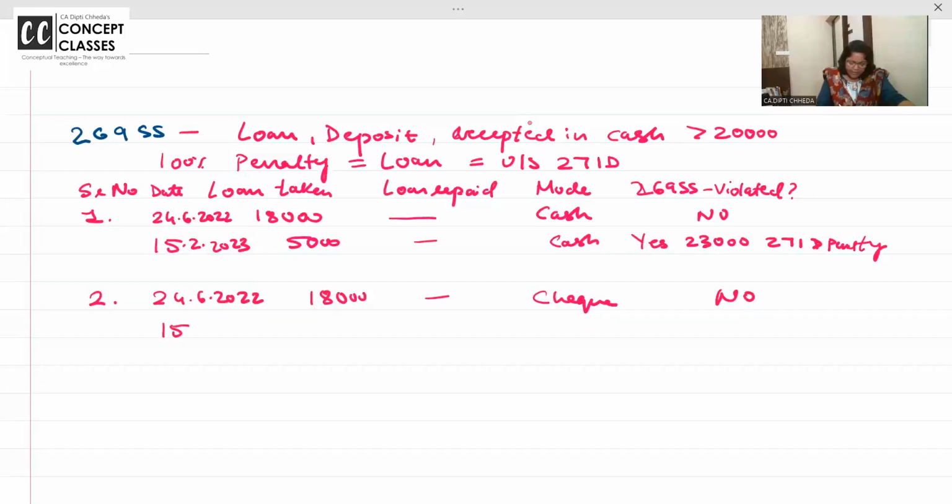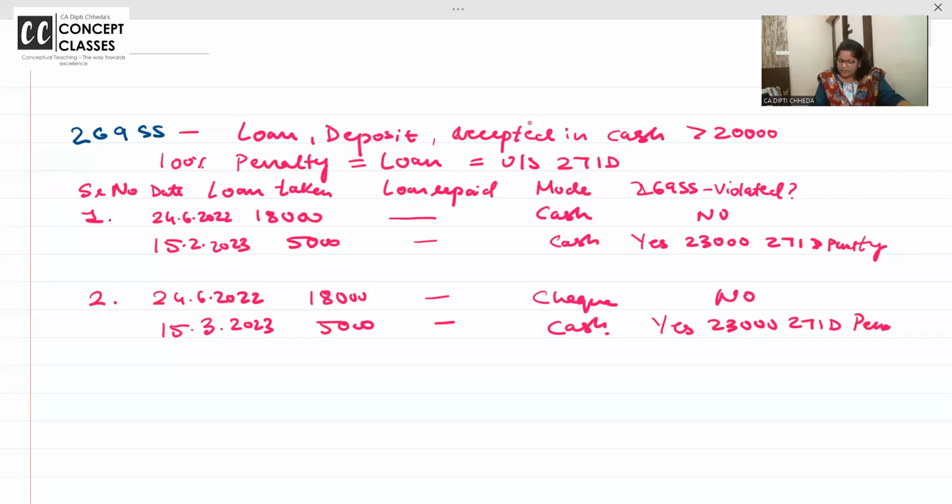Now, 15th of February or 15th of March, 5,000 you have taken in cash. First was cheque, but now when you have taken in cash, that time, is it exceeding 20,000? Yes, but not 20,000 in cash, but is it exceeding? Yes, and the last 5,000 in cash? Yes, whole, it is violated and full 23,000 271D penalty लगेगा.